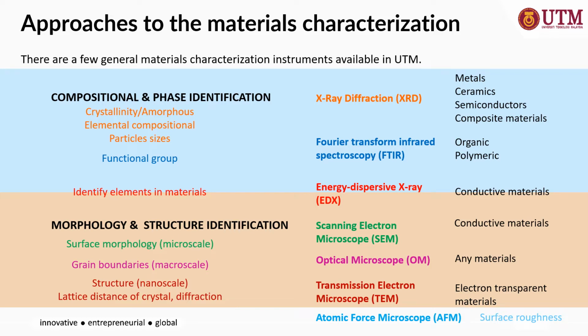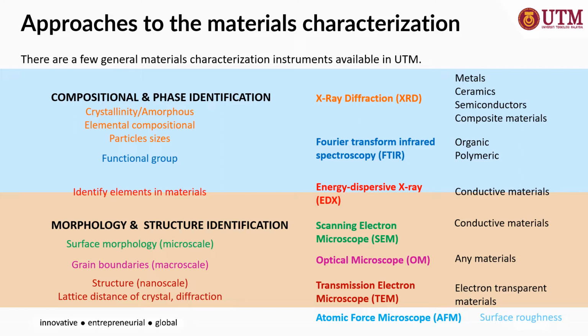For the transmission electron microscope, the sample is a bit difficult to prepare because it must be electron transparent materials. What does it mean by electron transparent materials? The sample must be thin enough to allow electron to pass through the sample, so the thickness must be around 100 nanometer.